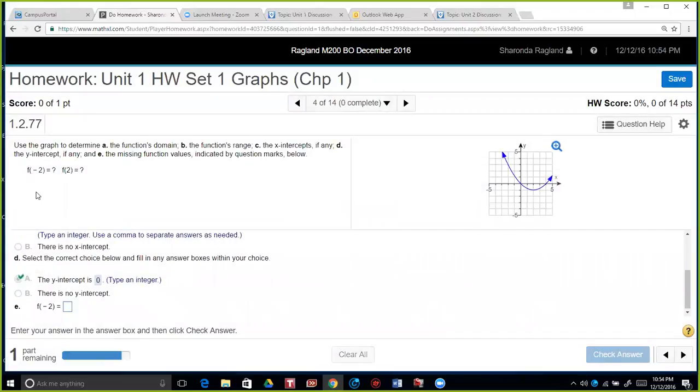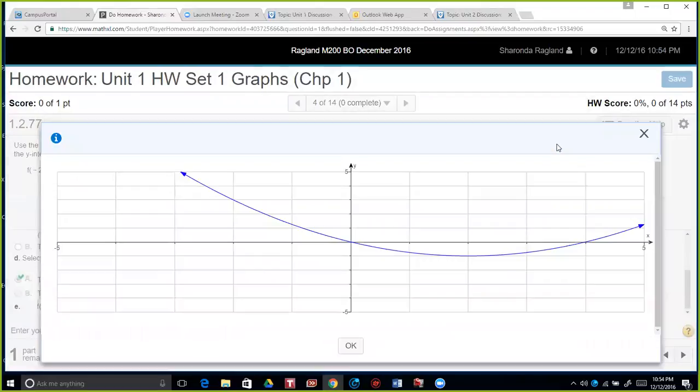Now the next one is they want us to evaluate f of -2. So basically this function is saying find the y value when x is equal to -2. So we can just use the graph. So when x is -2, what is the y value? Okay, so the y value will be here, and so that is at 1, 2, 3.